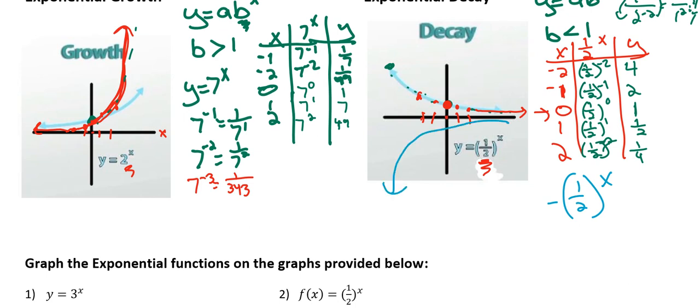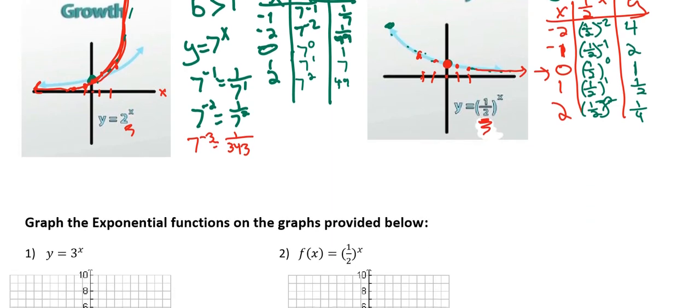It's like flipping the graph. And the same thing over here, if there was a y equals -2 to the x, it would be flipped like this. So just keep in mind that they can look slightly different when it comes to the growth and decay graphs. But those are really more exponential graphs. And when it comes to growth and decay, they're pretty much going to take on this look.